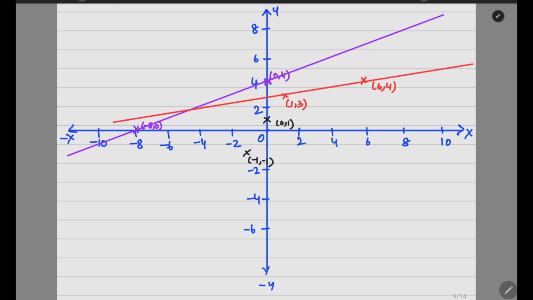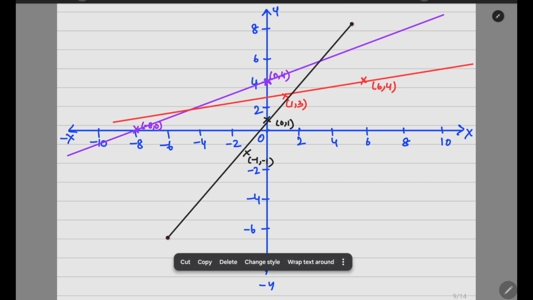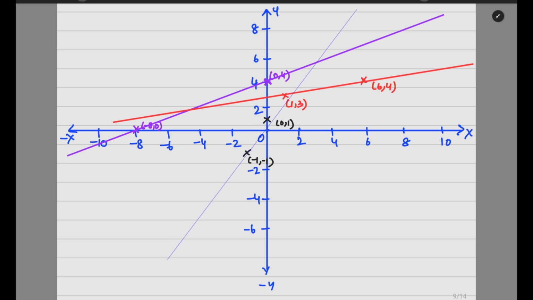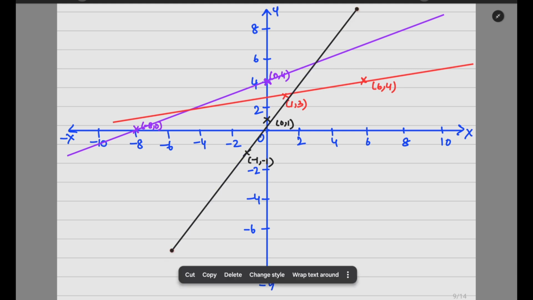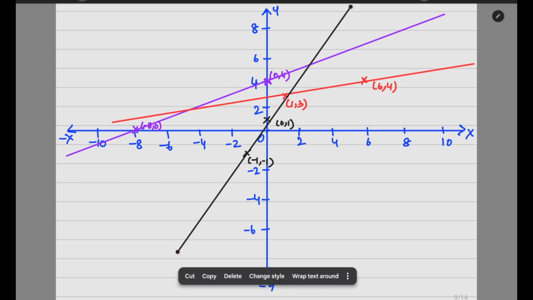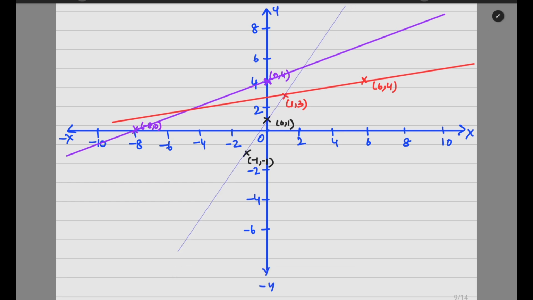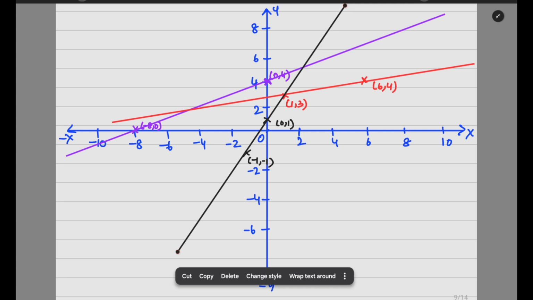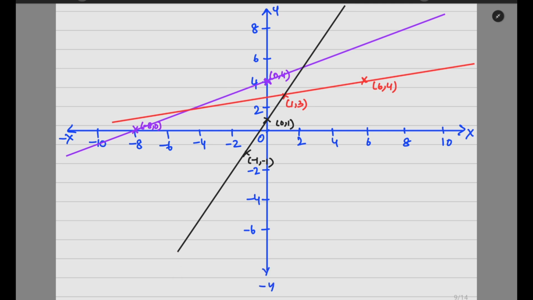Let me draw a line again. I will make sure it intersects. Okay, so this is the line. You can make sure that approximately, right? So this is the third line.